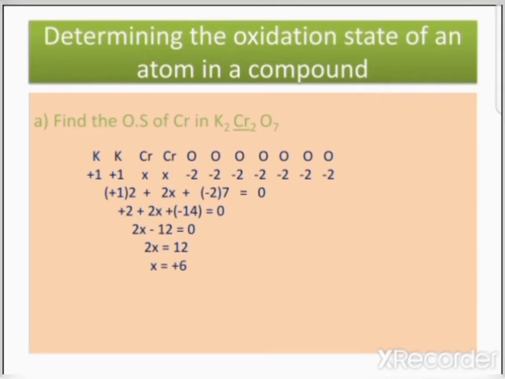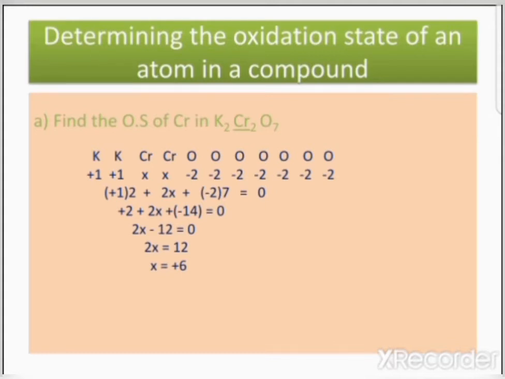Let's find the oxidation state of chromium in K2Cr2O7. The oxidation number of potassium is +1 since it belongs to group 1A. There are 2 potassium atoms, therefore overall oxidation number for potassium is +1 multiplied by 2, that is +2.